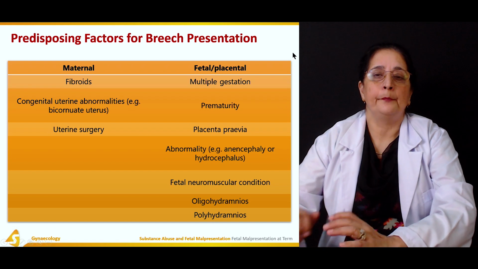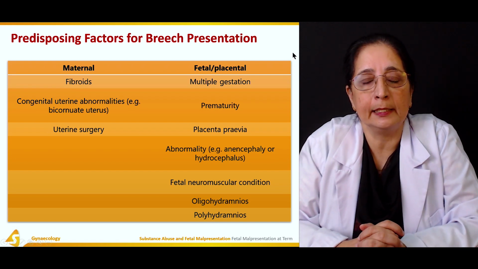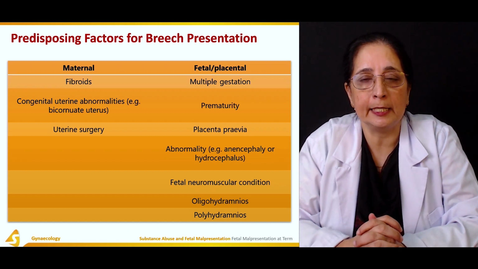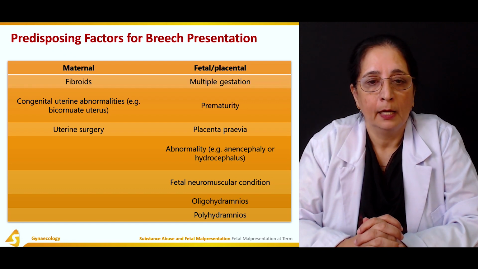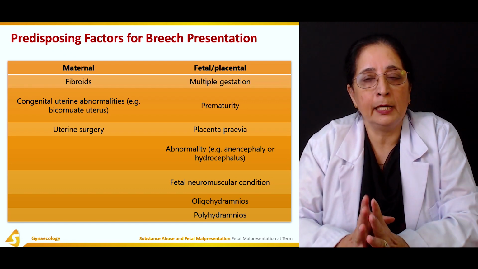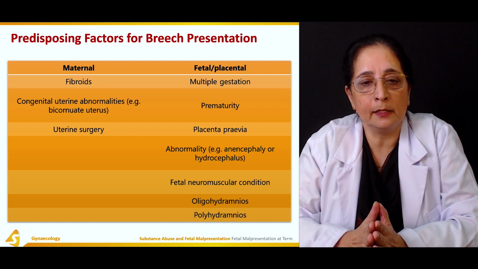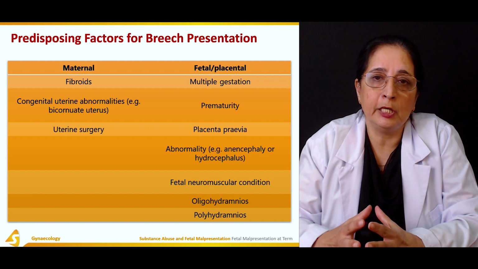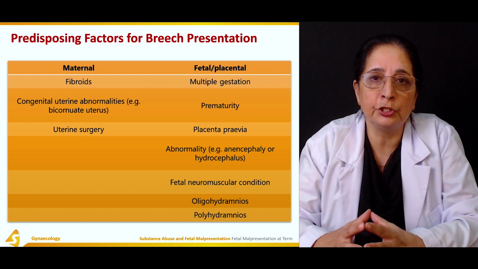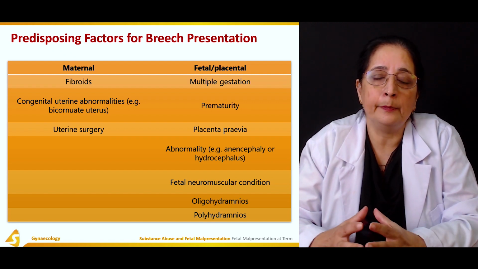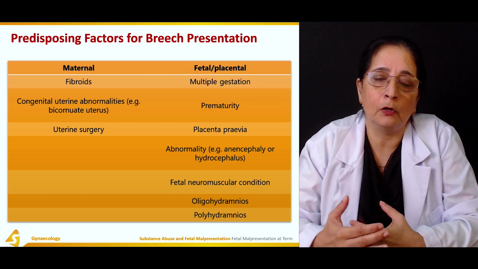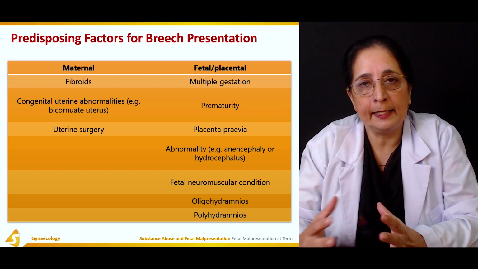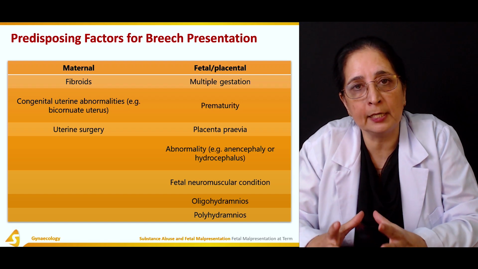Next, what are some predisposing factors that can lead to breech presentation at term? In the mother, we have fibroids. Fibroids are the growths of smooth tissue which can develop during pregnancy as a result of hormone changes, and they can sometimes grow to big size.